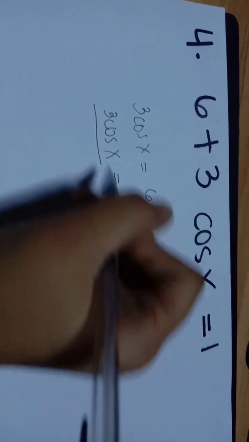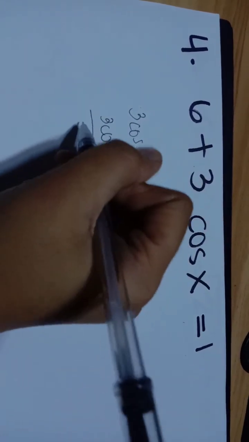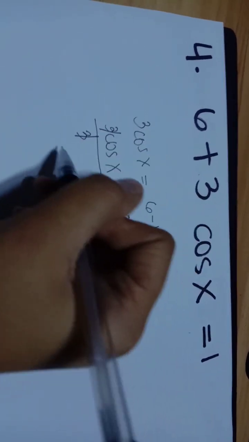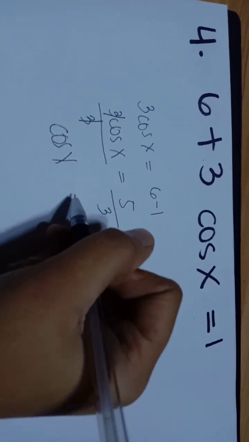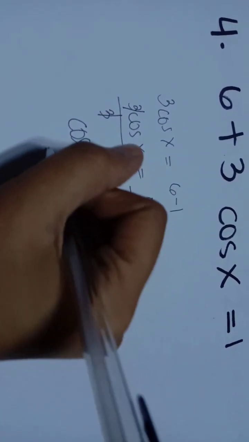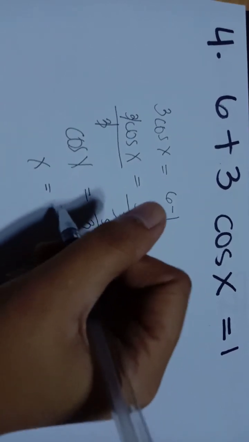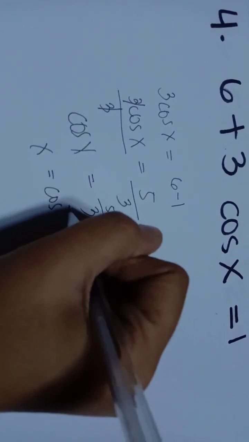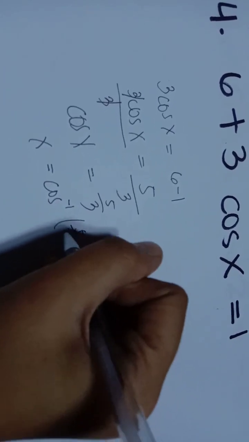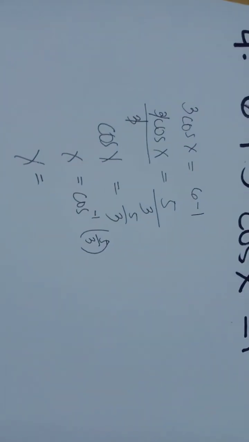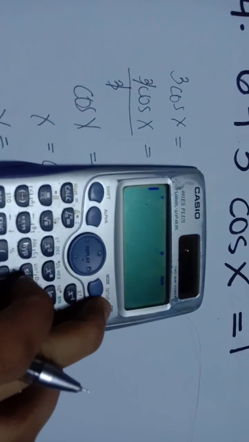Divide both sides by 3 and then cancel out. Bring down cosine x equals 5 over 3. x equals arc cosine of 5 over 3.